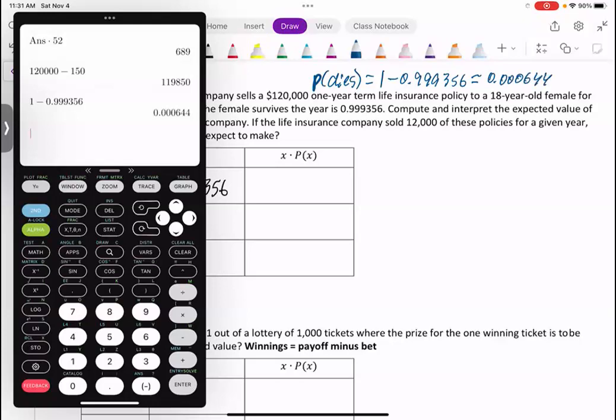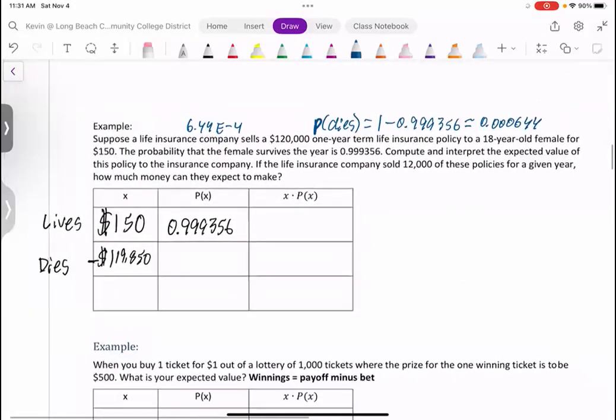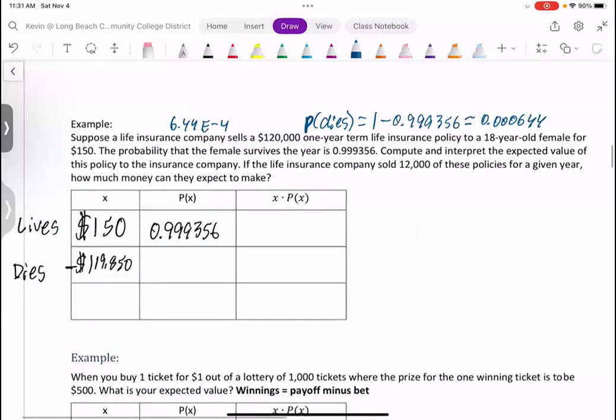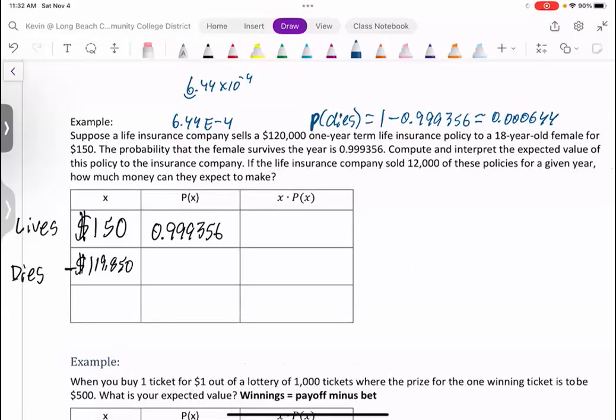Now, I want to make a point here. My calculator says 0.000644. It's possible that your calculator instead says 6.44 with an E and then a -4. If it says that, that means the same thing. This technically means that this is 6.44 times 10 to the -4th power, meaning you need to move that decimal 1, 2, 3, 4 spaces and fill in the zeros.